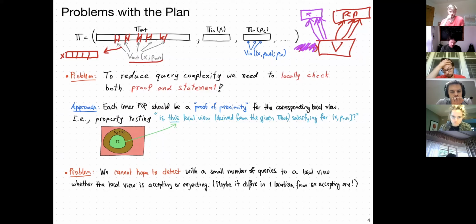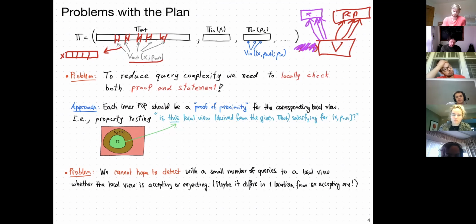I mean, we cannot hope to solve a property testing problem unless we have this guarantee that either this is a perfectly valid local view, or it is something which is extremely far from being a perfectly valid local view, right? Because if I'm only looking locally, no local algorithm could work, because it could be that the only coordinate that I didn't read is the coordinate that would make the difference.